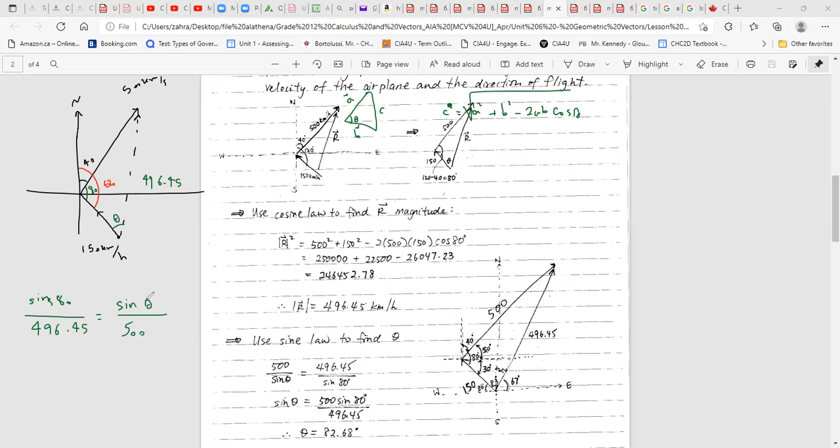So sine theta is 500 sine 80 divided by 496.45. To find theta, just take the inverse sine of this number and you get 82.68.